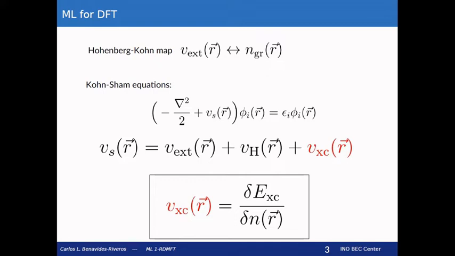This exchange correlation potential, as you know, is given by the functional derivative of the exchange correlation functional with respect to the density. These three ingredients will give you a solution of the Kohn-Sham problem. So our second way to do machine learning in DFT is to learn the potential and this functional.